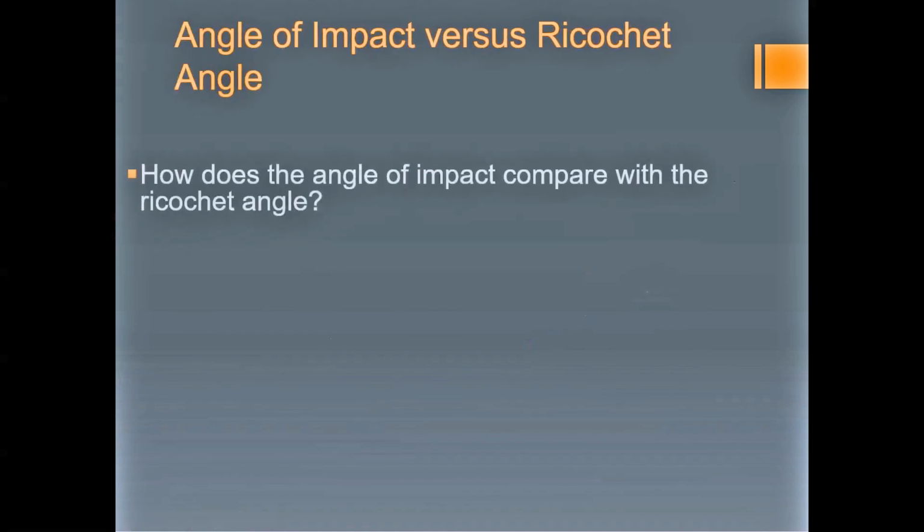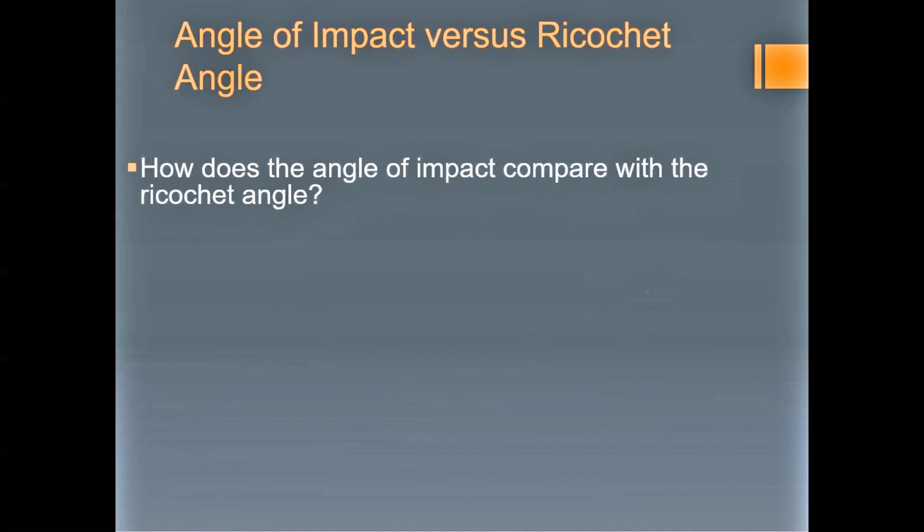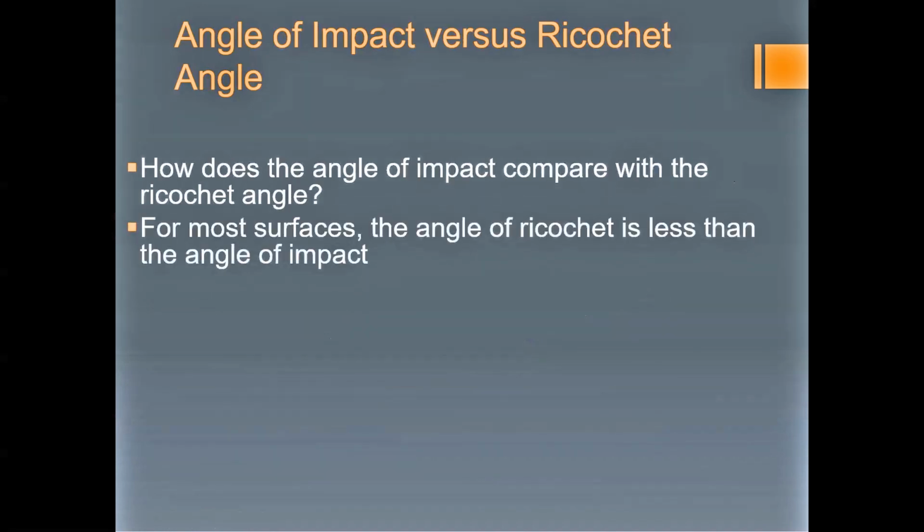So the angle of impact versus the ricochet angle, right? How does it compare? For most surfaces, the angle of ricochet is less than the angle of impact, as we saw in that graphic before, right? When the bullet departs, it's a lower angle.